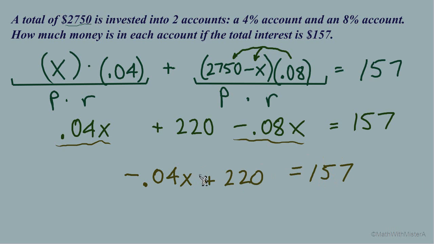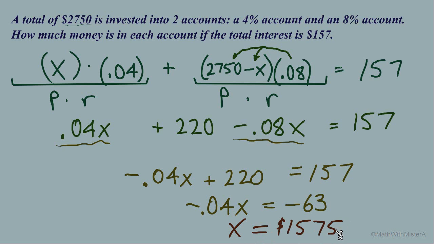We're solving for x, so next we'll subtract 220 from both sides. It will cancel the 220 from the left side, and 157 minus 220 on the right side equals negative 63. Last, we'll divide both sides by negative 0.04 to finish solving for x. $1,575.